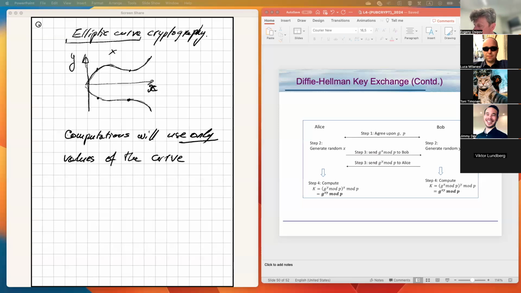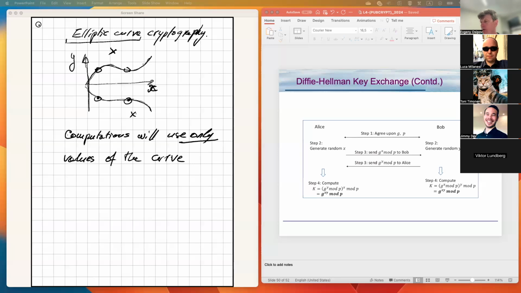This is totally invalid, and this is valid. This is valid. We want all our results to be on this curve. Now I will show you the math that will help us do this.